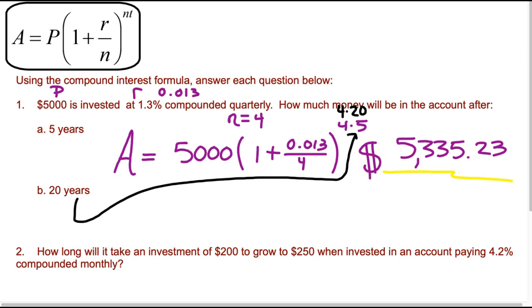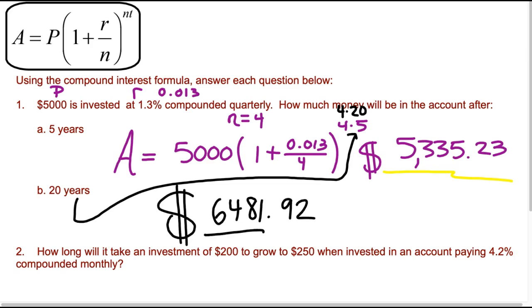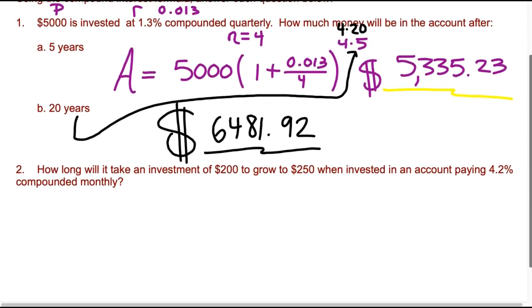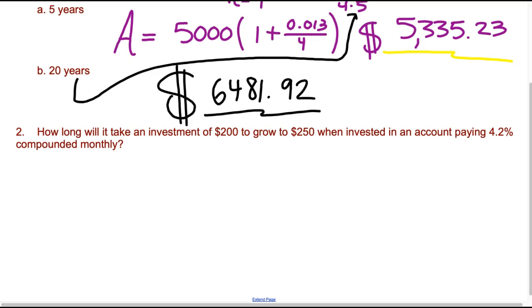I think it's like 6,000 something. 6,481.92, 92 cents. That sounds right. Anybody confirm that? Yeah. Okay. There you go.